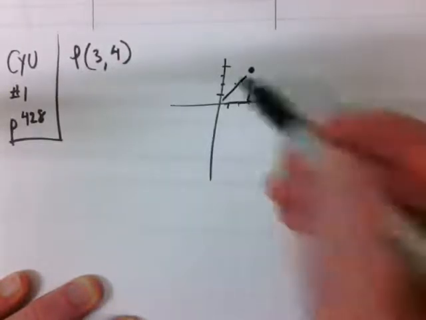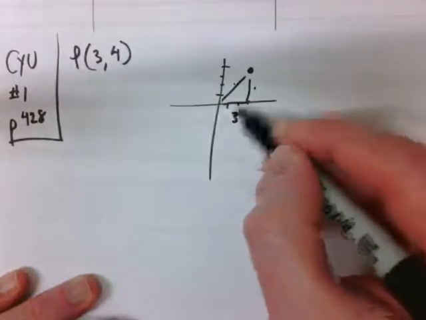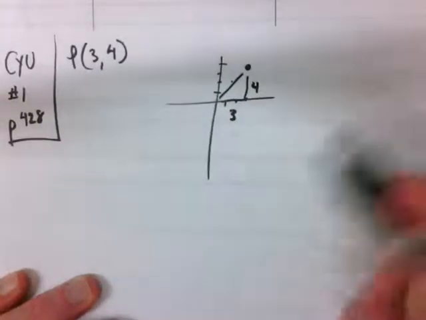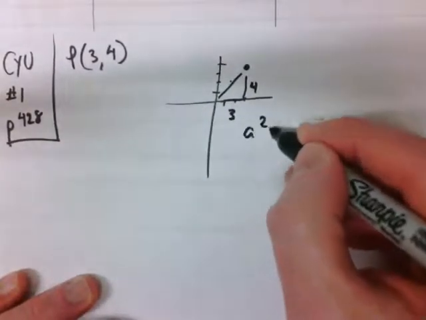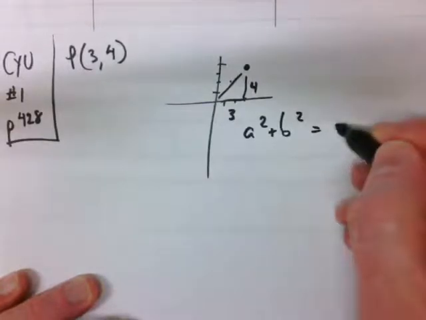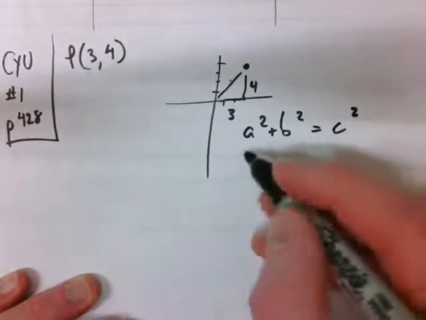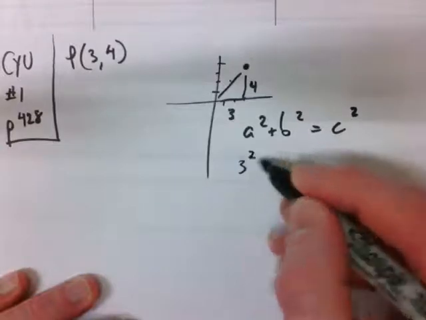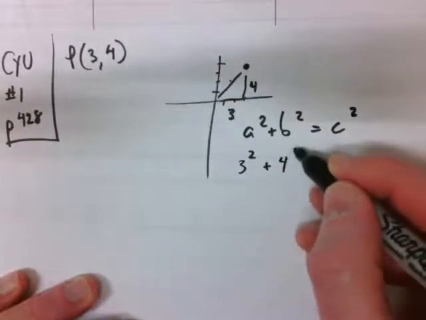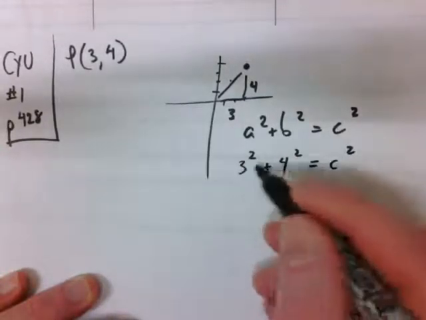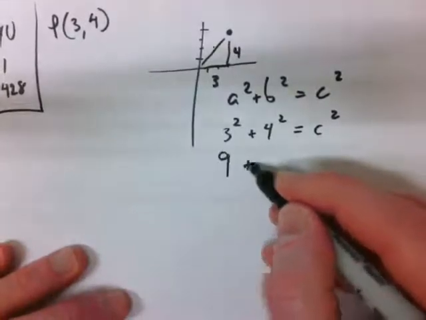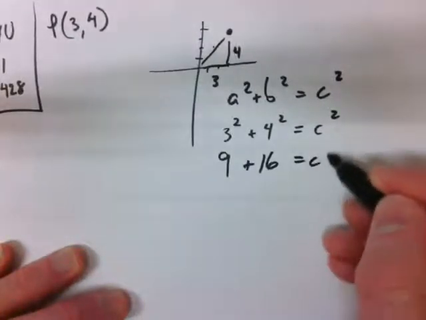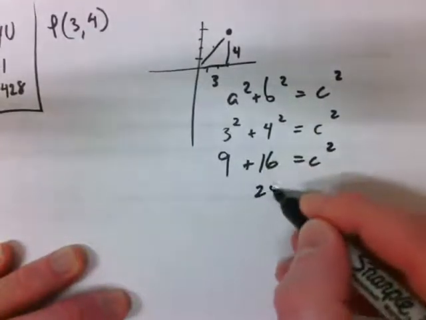A squared plus B squared equals C squared. A is 3, B is 4. So 3 squared plus 4 squared equals C squared. No skipping steps. 3 squared is 9. 4 squared is 16. 9 plus 16 is 25.